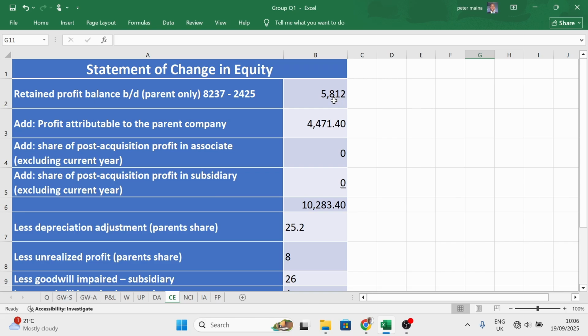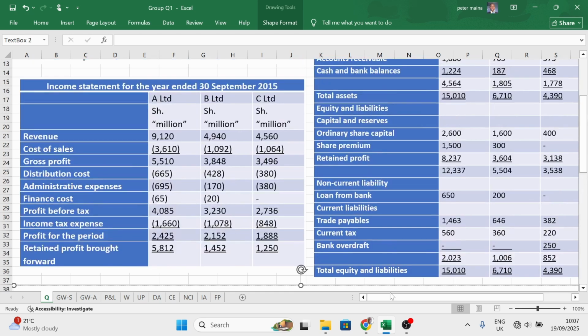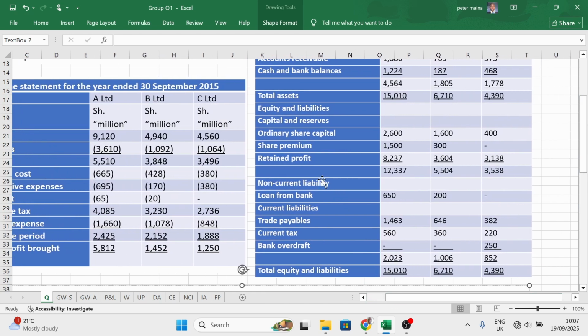But assuming that you are not given 5812, then you can do this working here, which will also give you 5812. So if you go to the statement of financial position, go to the equity section, you take the retained profit of the parent, which is 8237.